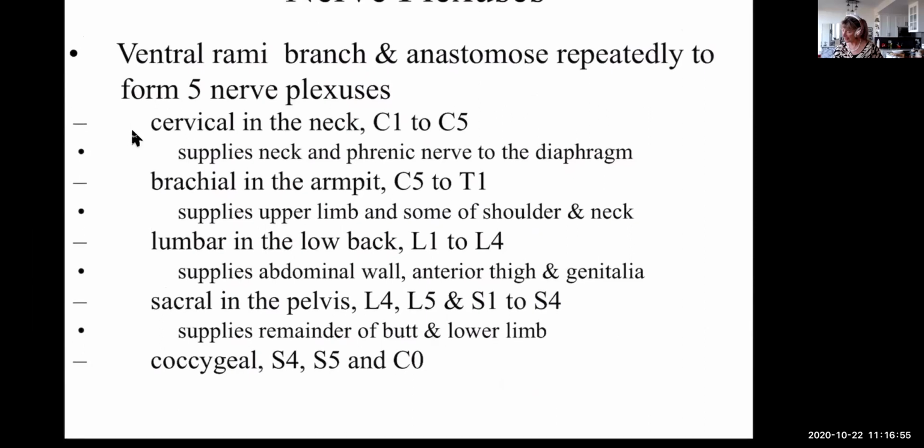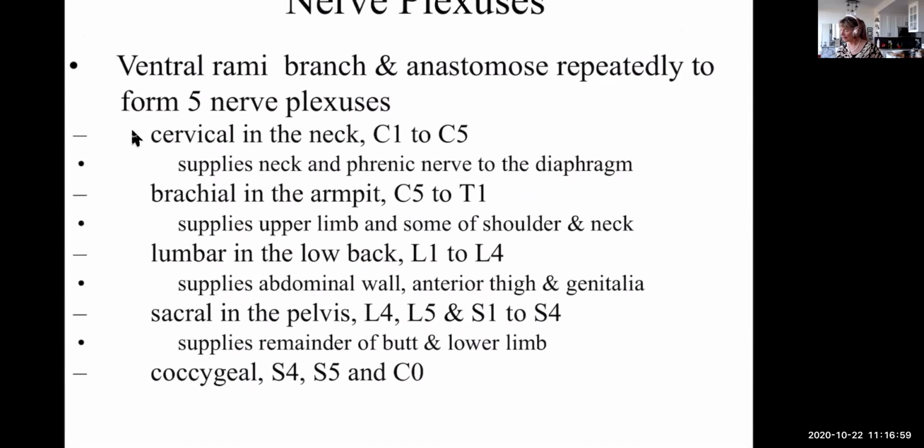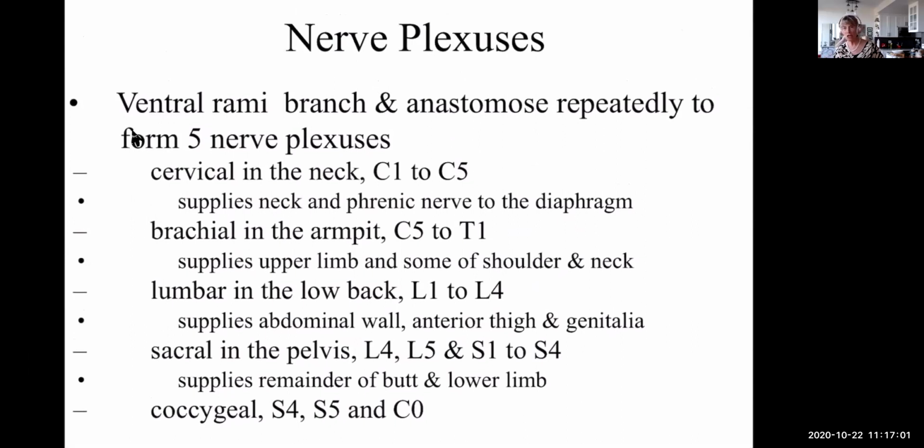So the plexuses are somewhat complex, but the thing to know is that they branch. Anastomose means merge repeatedly. The cervical plexus starts from C1 to C5.